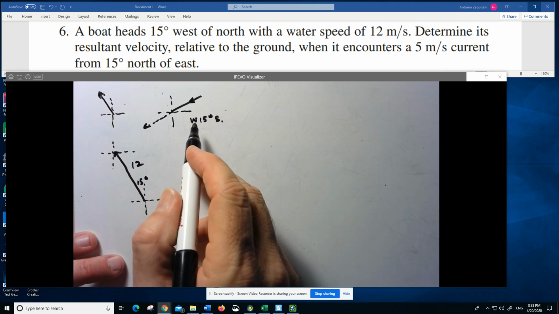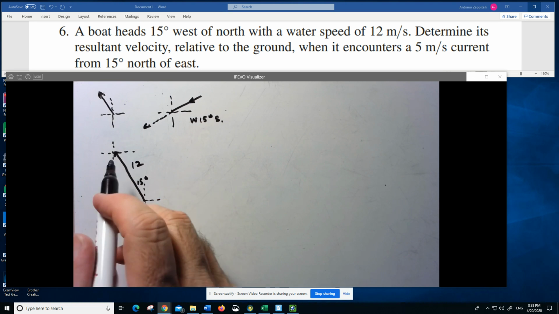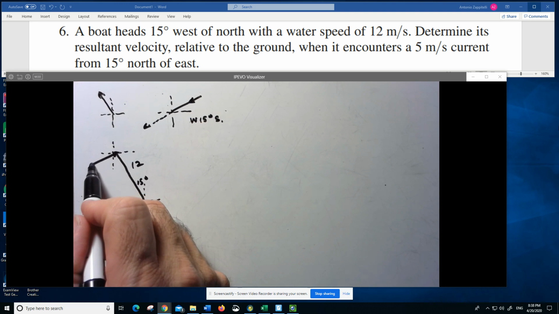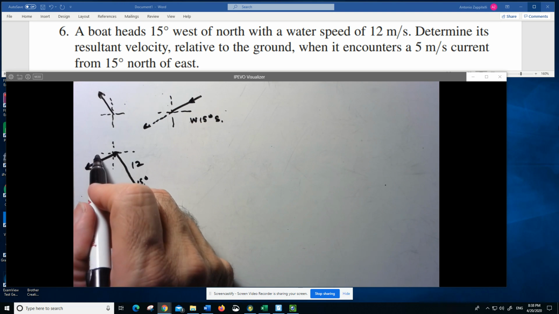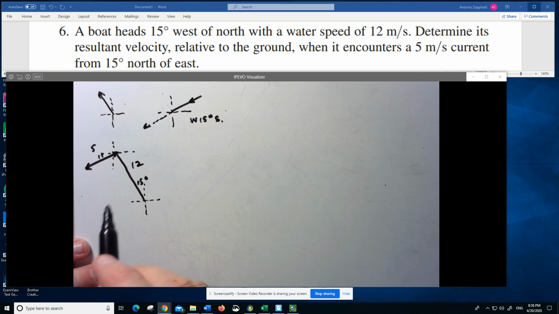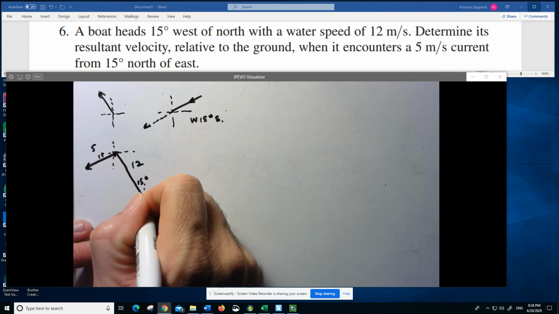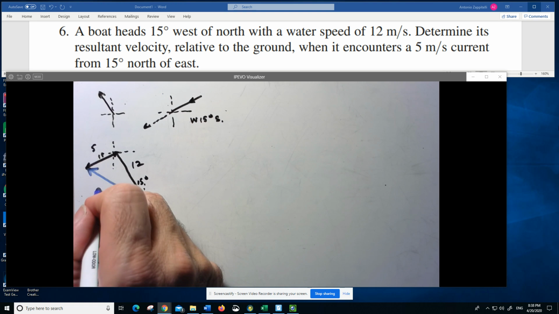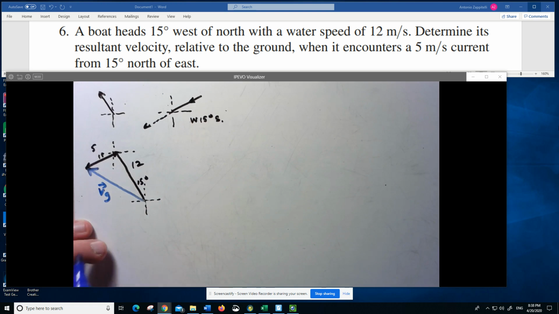The current we said was west 15 degrees south, and it's going to be a smaller vector. There's 15. The magnitude is equal to 5, and so my resultant vector will be this vector here. Okay, so this is the ground velocity.